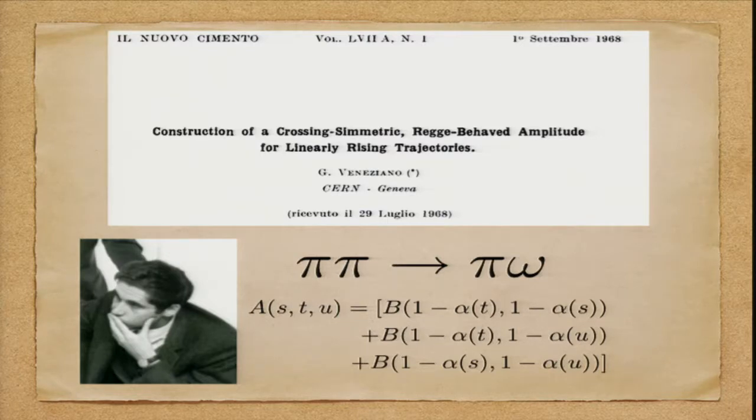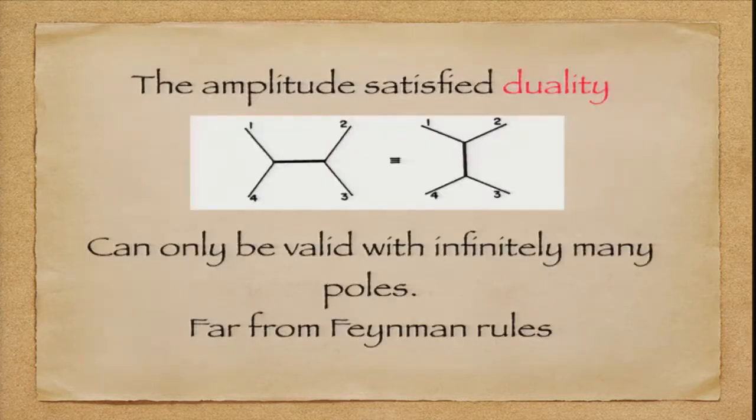and it satisfied a lot of nice criteria. One was that the amplitude satisfied duality. And duality meant that you could describe the amplitude either in the S channel or the T channel, it should be the same.